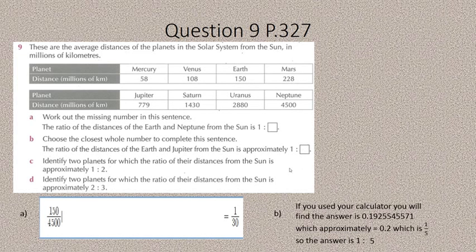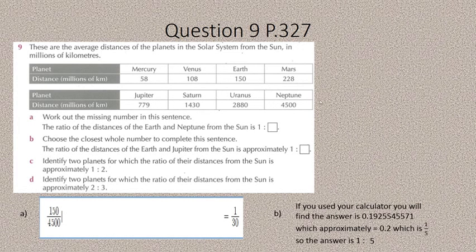I'm sorry, here. Question number C, identify 2 planets for which the ratio of their distances from the Sun is approximately 1 to 2. If you remember when I explained that in the class, 1 to 2, you're searching for a number and it's double, or approximately double. So try to use your logic here. It's all about logic. I'm trying to think about a number and to see here numbers and its double.